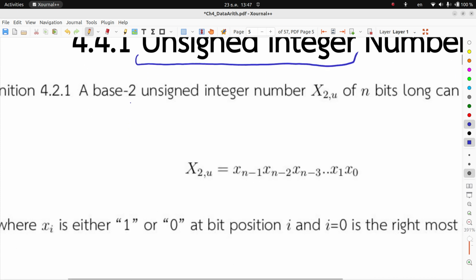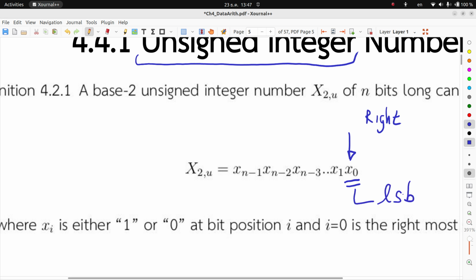So we start from bit 0 on the right, and it also represents the LSB, just like what you already learned, base 2 number, and x n minus 1, which is the most significant bit.